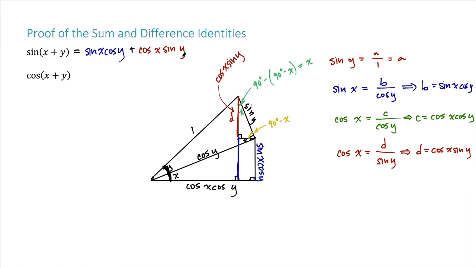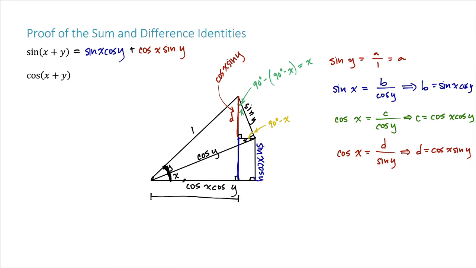And this one, there's just a little bit more work to do. First of all, notice that if we're looking at cosine of x plus y, that's going to be using the adjacent of this triangle that has the x plus y. And so that's going to be this length from here to here that we'd like to find.